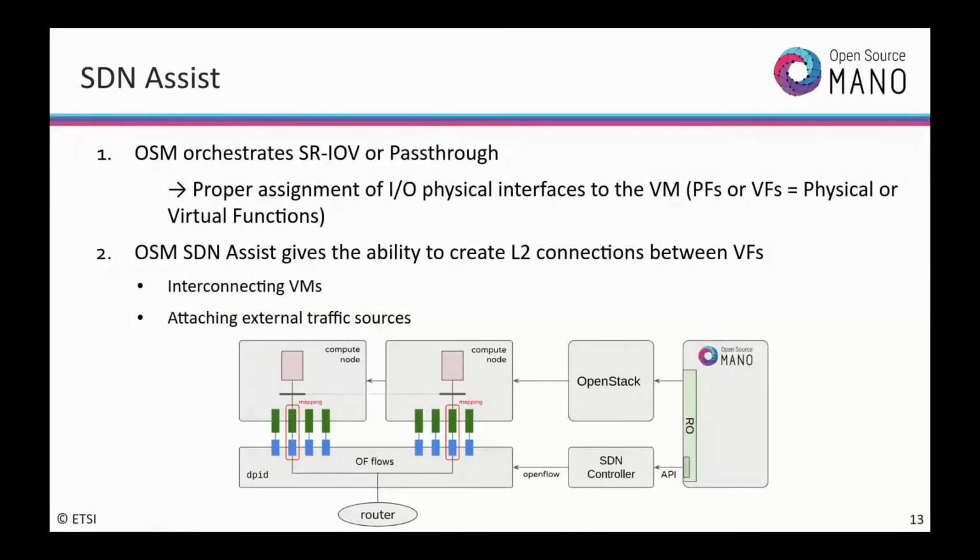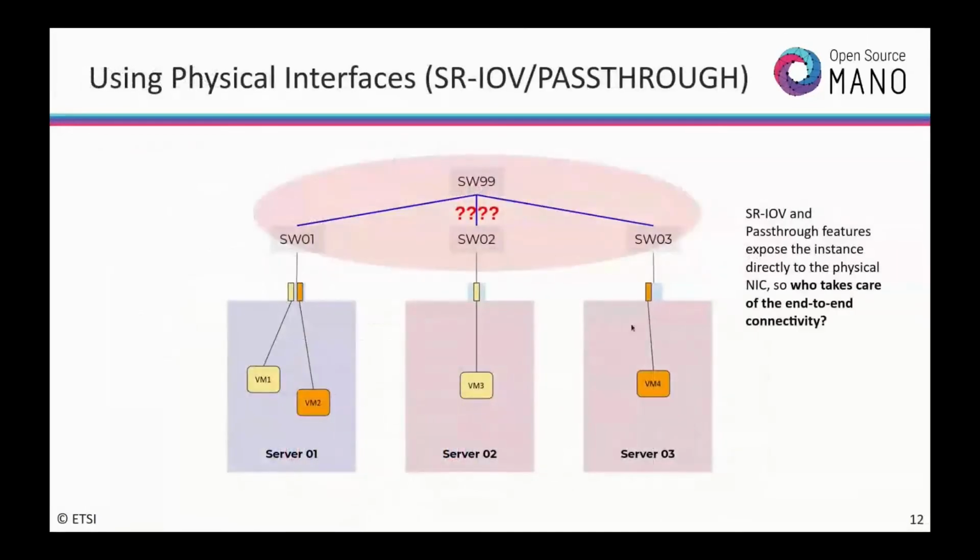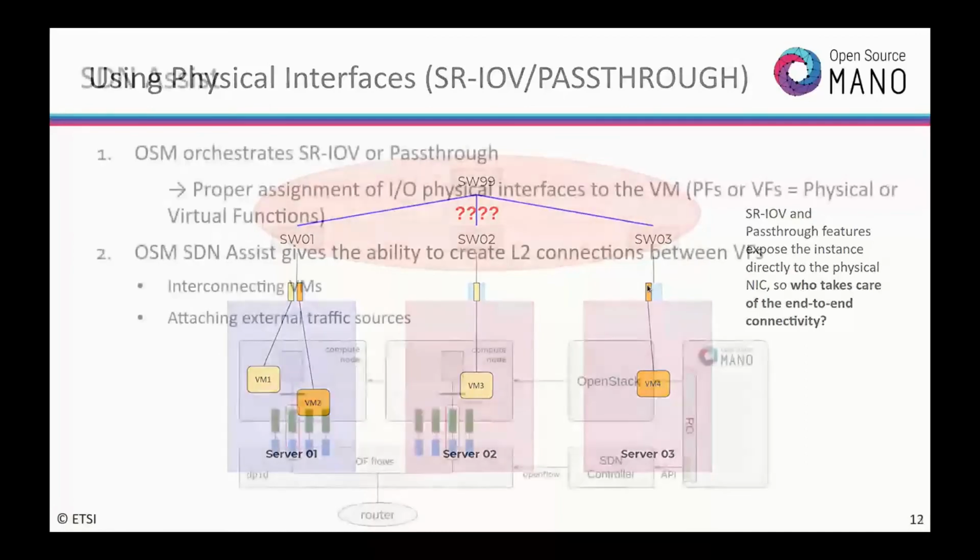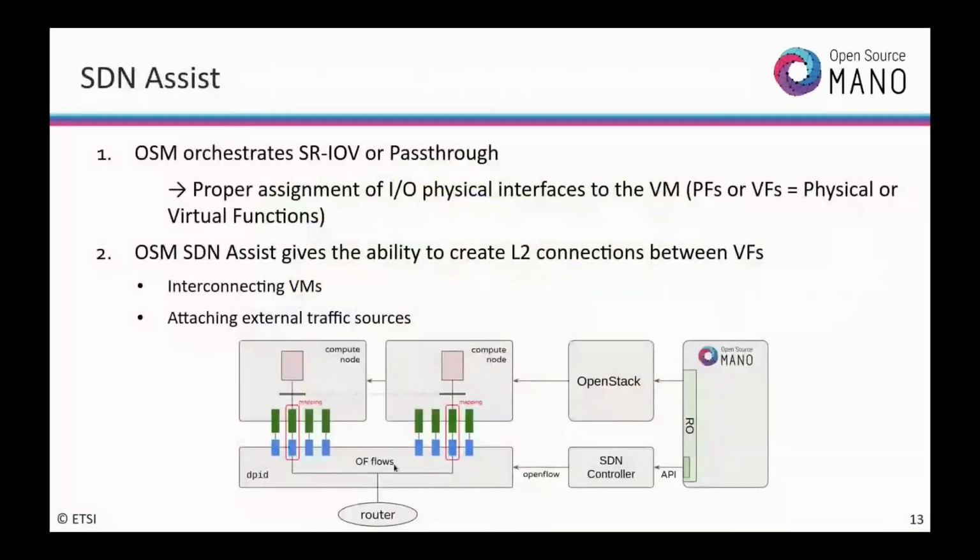So we're getting SR-IOV capabilities here, but contrary to this previous picture here, while the real packets are going out on what looks like a physical switch, on the other side, OSM is also communicating with the SDN controller and says, oh, hey, you are a smart switch.